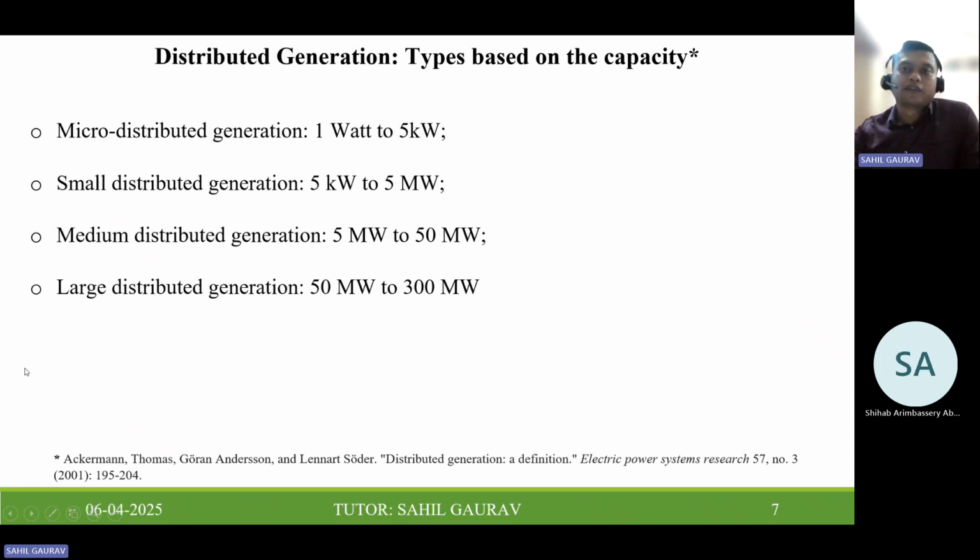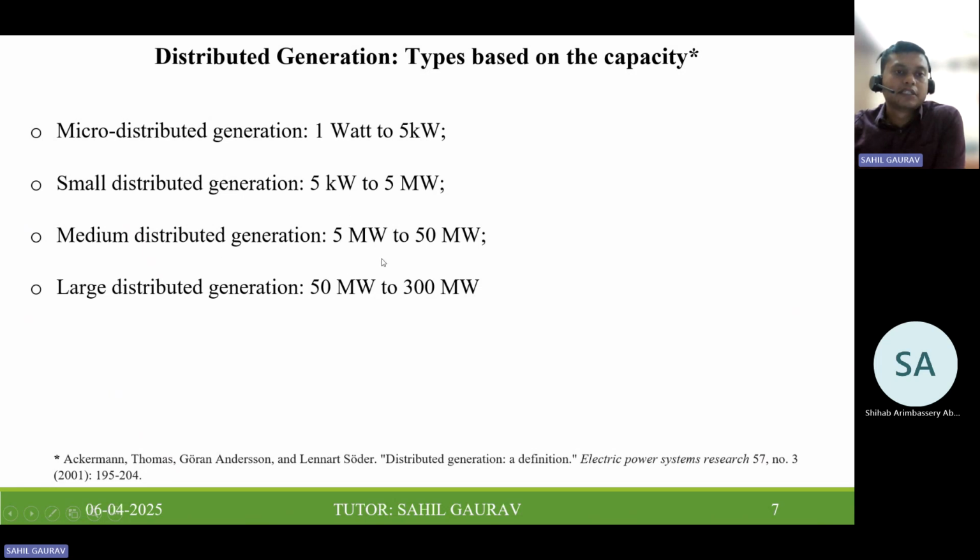Now, based on the capacity, DG can be of four types. In micro distributed generation, the range is 1 watt to 5 kilowatt, while in small distributed generation, the range is 5 kilowatt to 5 megawatt.